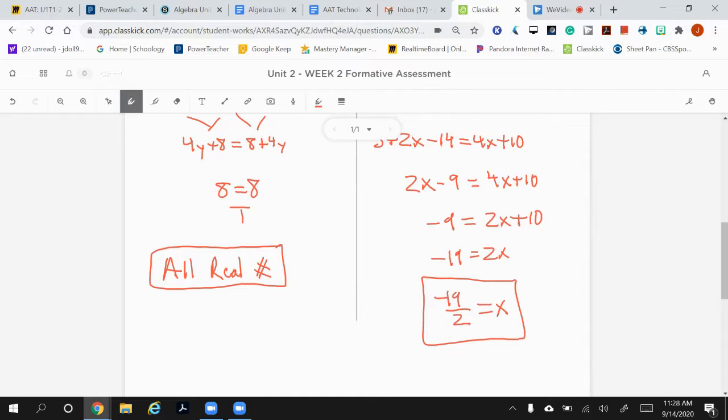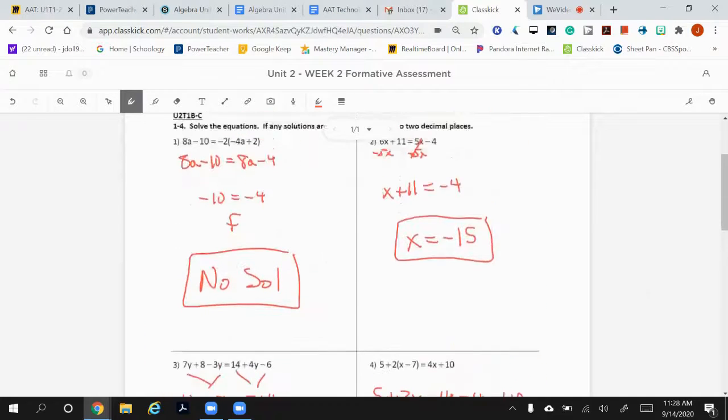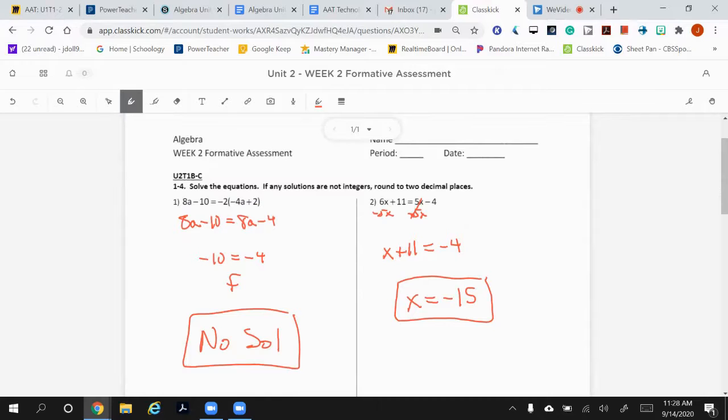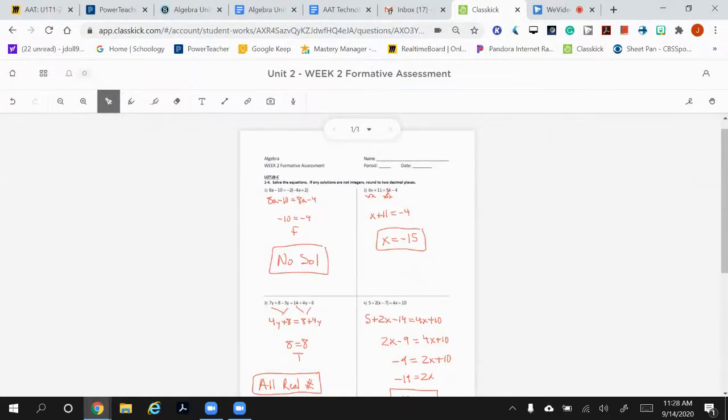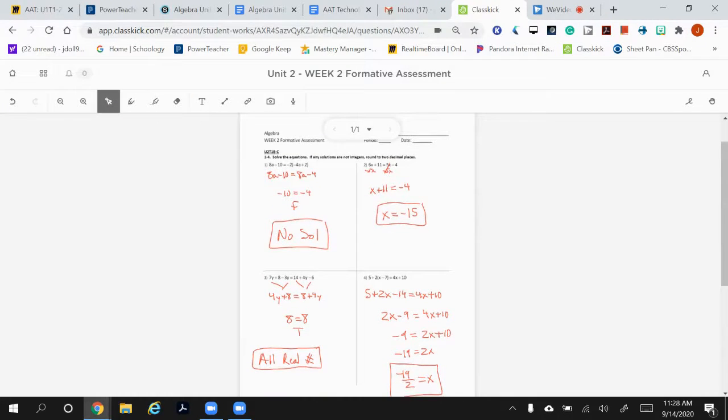All right, so we've got our work done. This would get me 1 point of credit on the formative assessment. I have given a legitimate attempt at each problem.